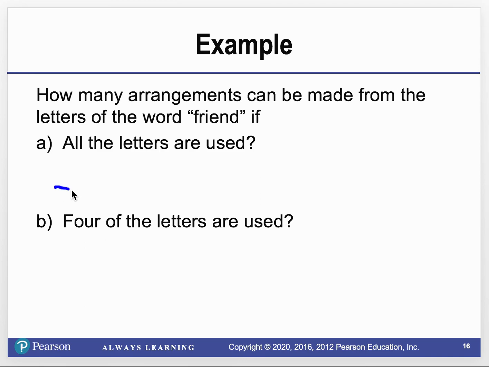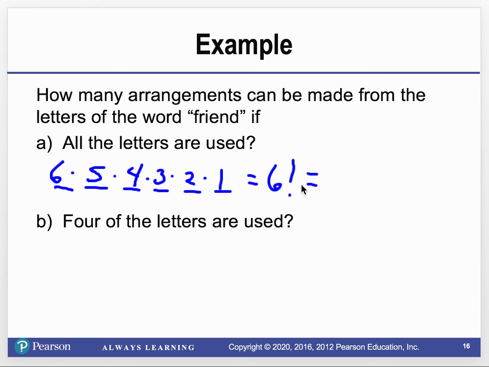So there's 1, 2, 3, 4, 5, 6. I've got 6 letters to choose from. Once I put one of the letters there, there's only 5 left I can choose from, and so on. So this is 6 factorial, which is 720.